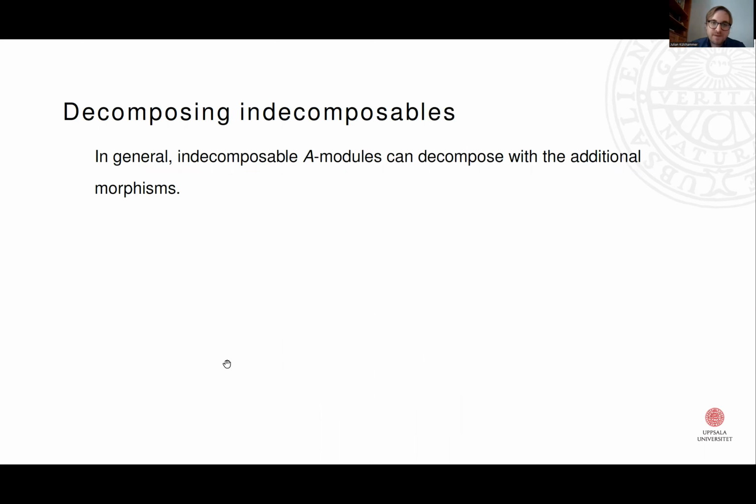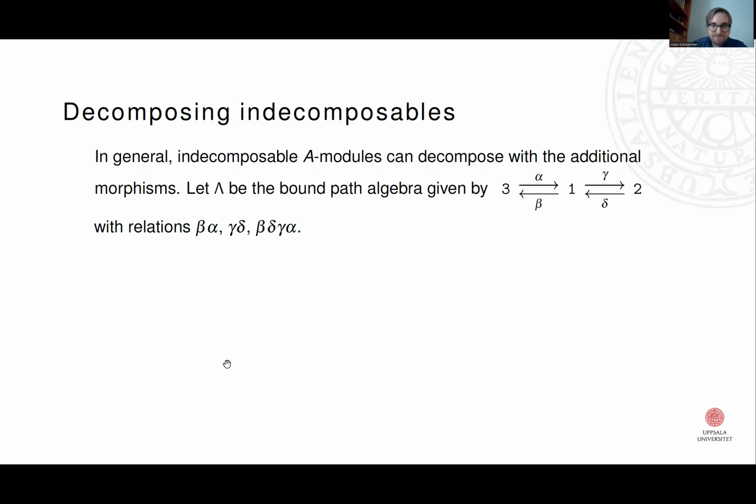So let me just give one example that I computed a while back with Agnieszka Bocenta. It's about decomposing indecomposables. In general, as I said, the indecomposable A modules can decompose in the Kleisli category because you have further morphisms that you can use to split things.